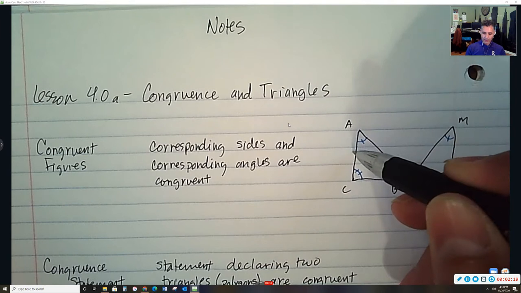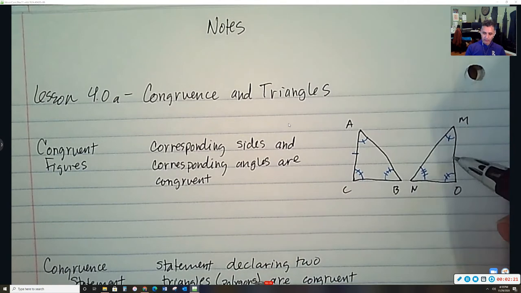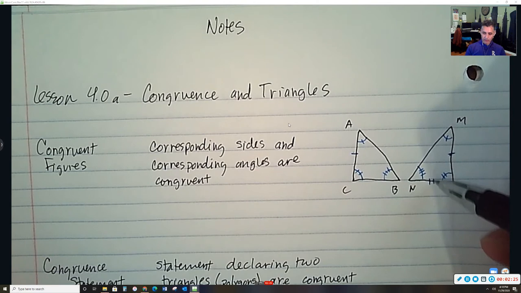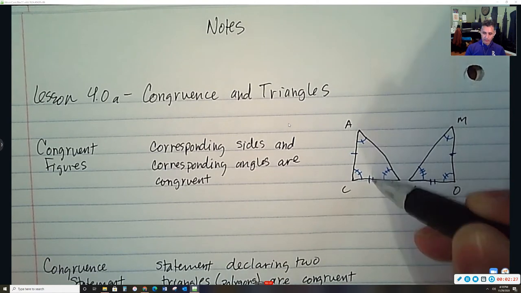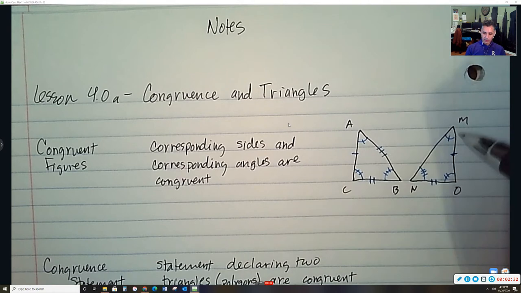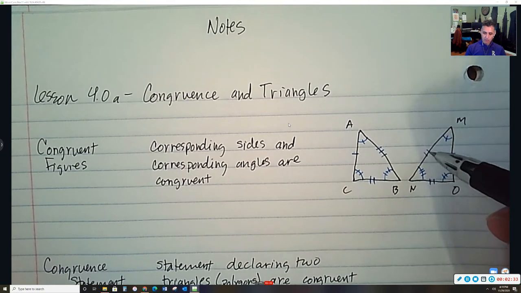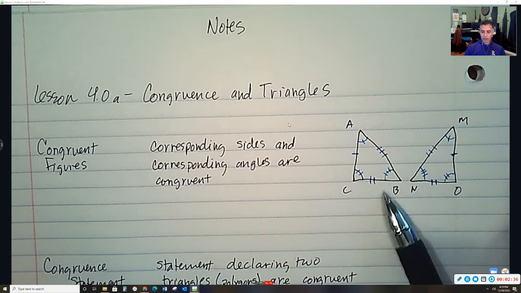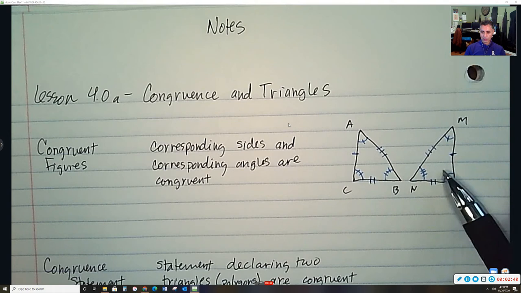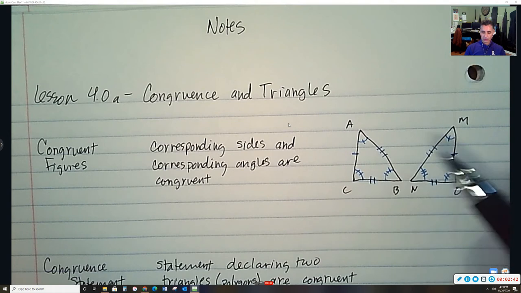You can say this side AC is congruent to MO, and then ON is congruent to CB. Right, and then the third side, AB, is congruent to MN. So these are two congruent figures. The three corresponding angles are congruent, and then the three corresponding sides are congruent.